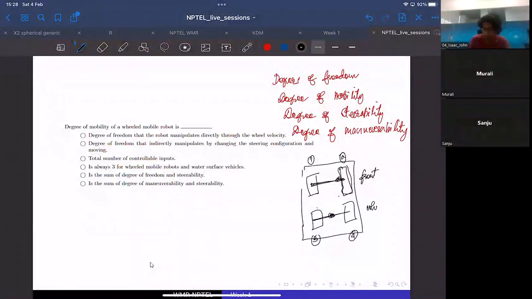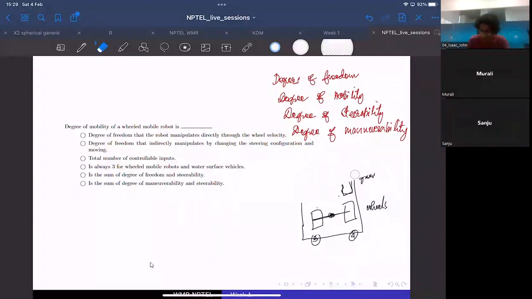These are the rear wheels. Then what would be the mobility? We are using a single motor, or a single degree of freedom, to manipulate the 2 wheels of the front axle, and a single motor to manipulate the wheel velocity of the 2 rear wheels as well. So in this case, the mobility would be 2.